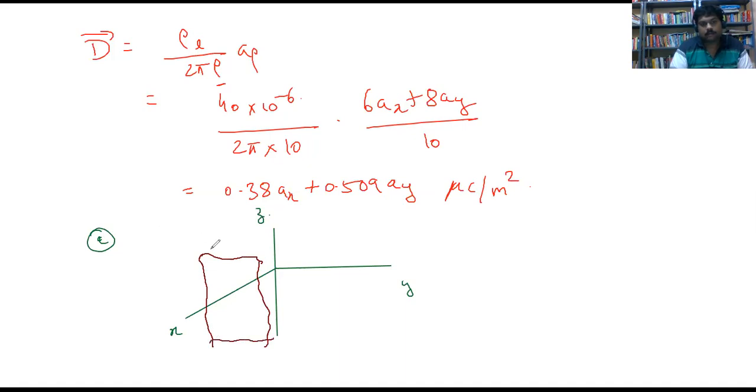Correct? So it's an infinite sheet. At what point is this sheet actually? So this is at x equal to 12. So this becomes nothing but the x equal to 12 plane.